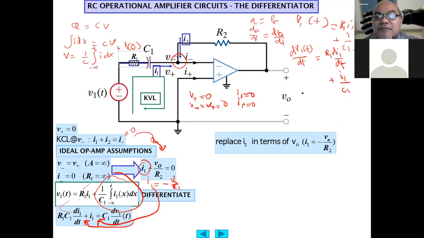So this becomes C1 dV1(t)/dt equals R1 C1 dI1/dt plus I1. Now these terms are equal, right? You put this to the right hand side, and these two terms you put in the left hand side. Okay.